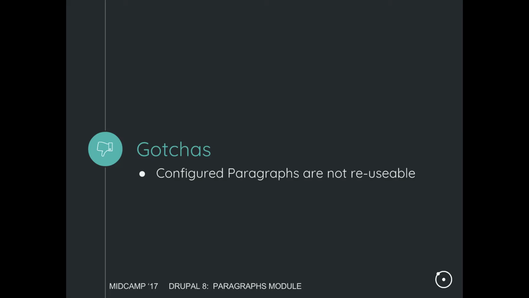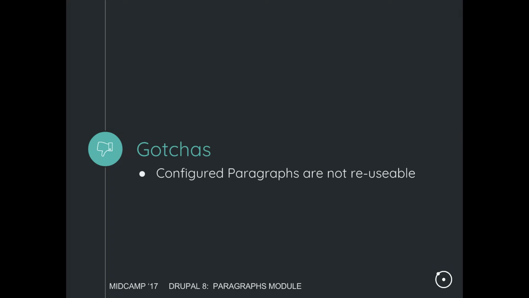Yeah. So basically, when you're adding a paragraph type, you add it with what's called the entity revision field. Does everyone know what entity reference fields are? Okay. So what paragraphs is telling you to do is take these paragraph types and create them over here.